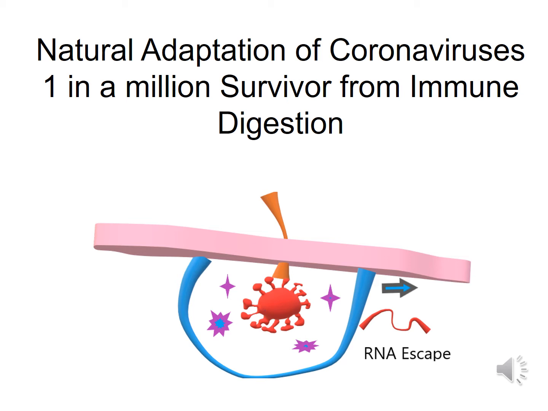So this is how coronaviruses naturally adapt to human cells or the intermediate host, and it doesn't happen without an attack, without the damage.